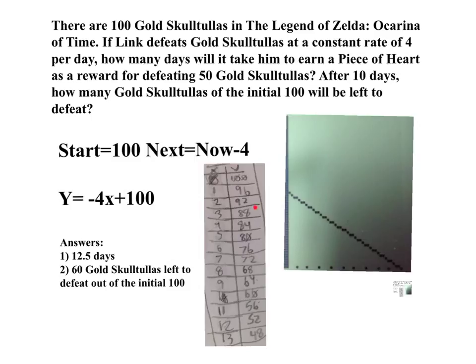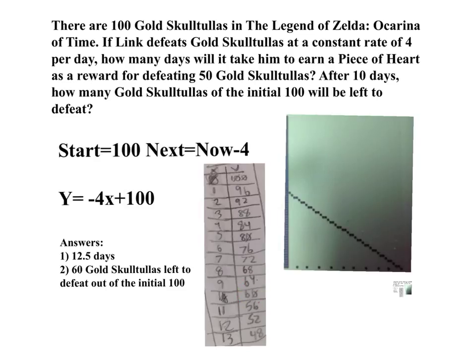In the table, we can see that every day he takes out 4 gold Skulltulas, and so we can use this to solve the equation. After 10 days, how many of the initial 100 will be left to defeat? And so at 10 days, there would be 60 gold Skulltulas.